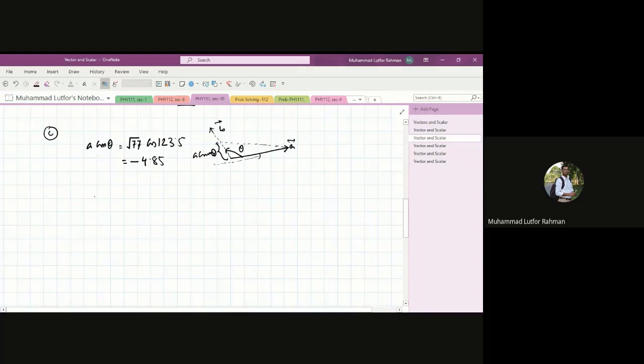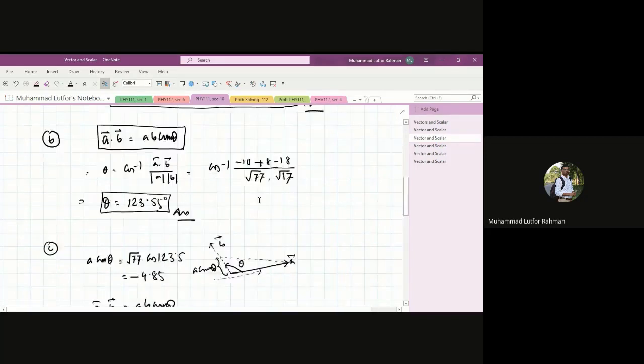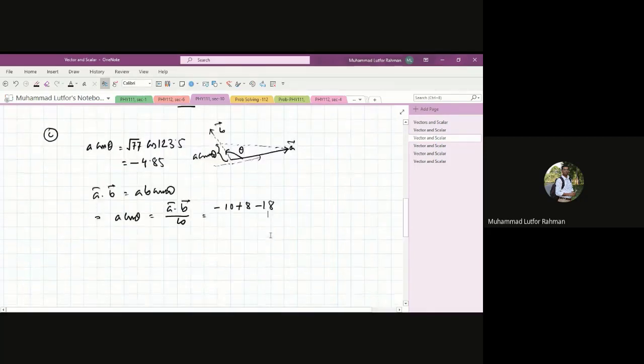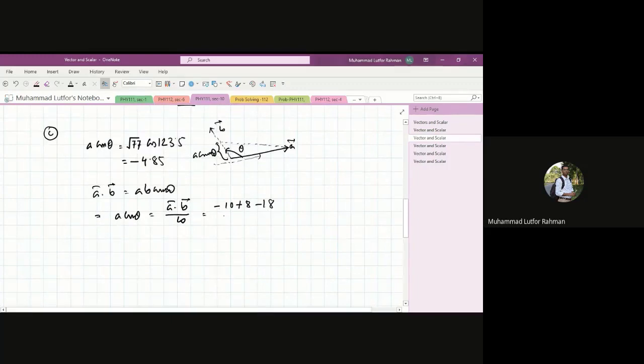You can do it another way. A dot B is AB cos theta. I can also find A cos theta from there, which would be A dot B divided by the magnitude of B. So this is going to be minus 10 plus 8 and minus 18 that I wrote down in the previous case, divided by the magnitude of B, which is root over 17.